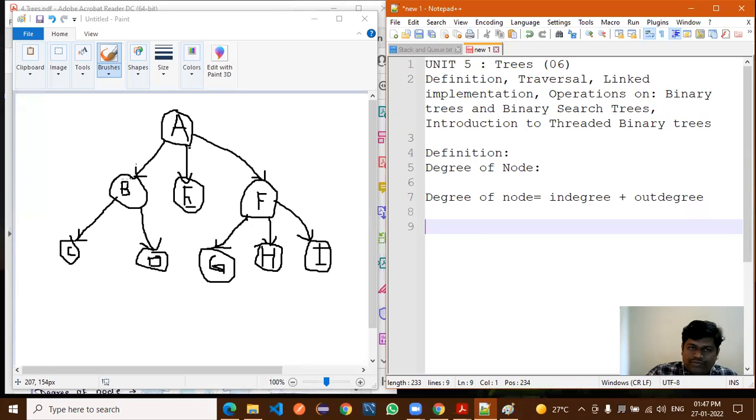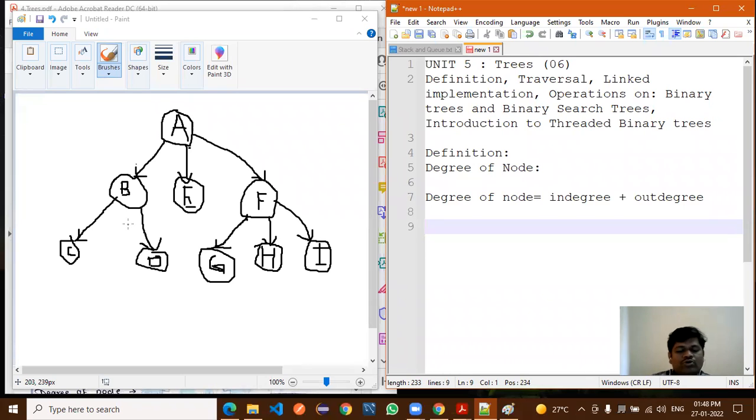This is the B node, right? Now how many branches are coming to B? 1. And how many are going out from B? 2. So the in degree of B is 1 and the out degree of B is 2.